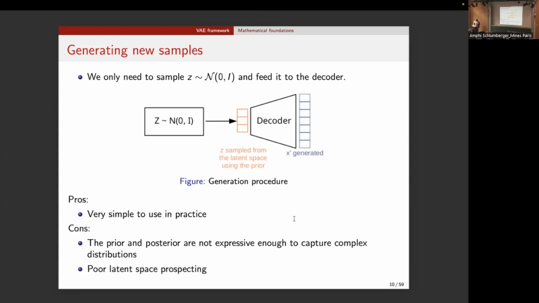However, if you don't have enough data, although very simple, you have a prior that is completely non-informative. The standard normal Gaussian distribution has no meaning in the latent space. It is just something to regularize the ELBO, but it does not look like the way data live in this latent space. So what you end up decoding is of poor quality.